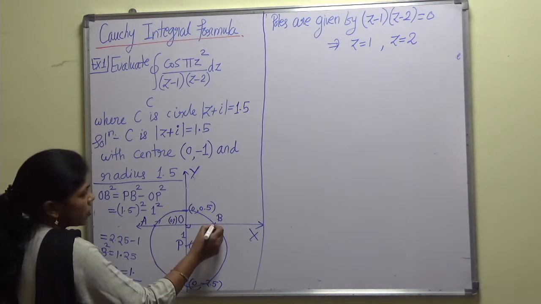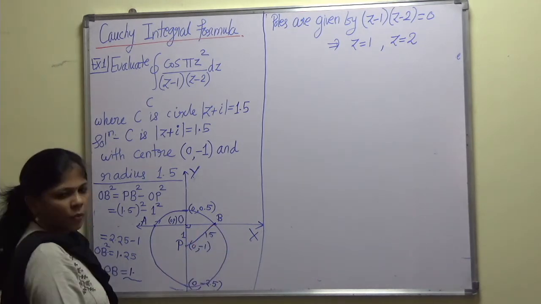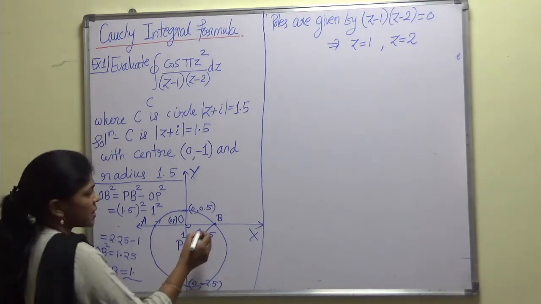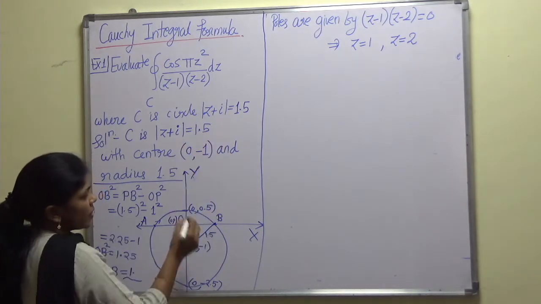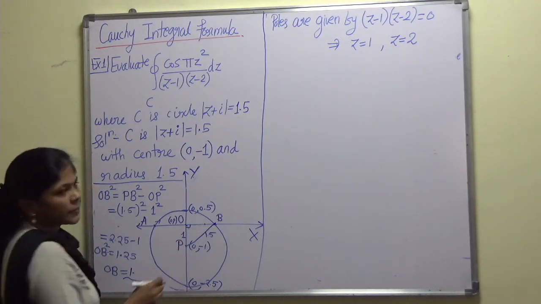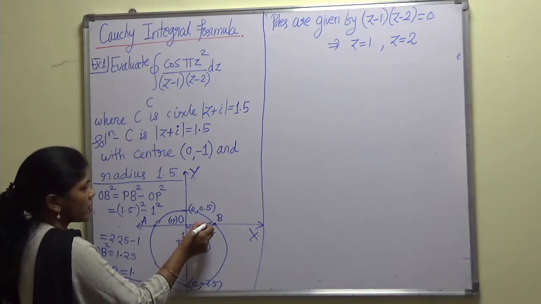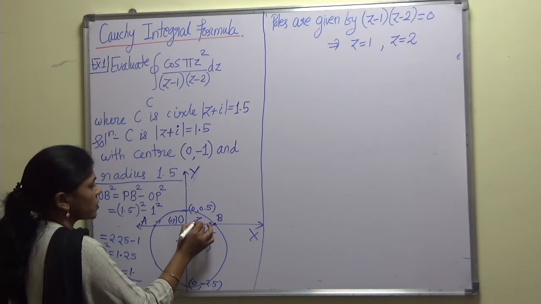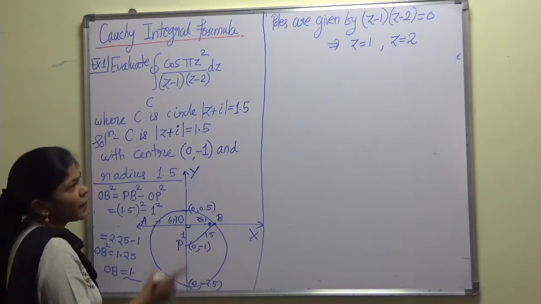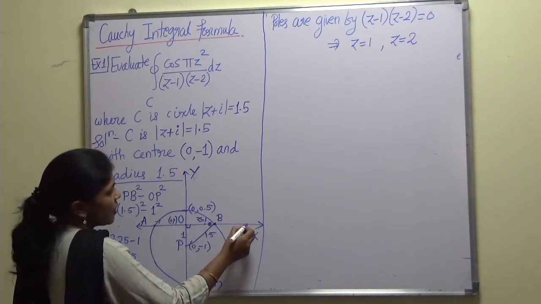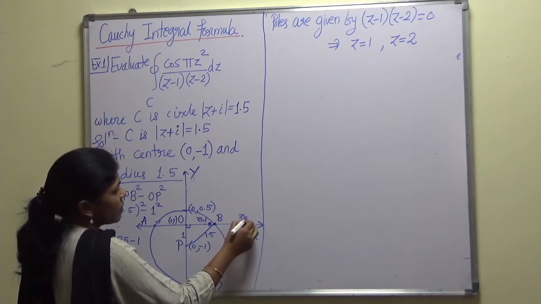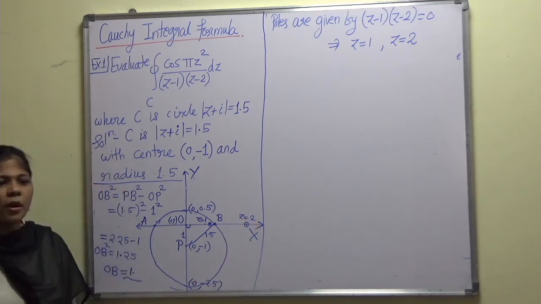So let us plot the pole. As this point is around 1 point something, let us plot the pole z equal to 1. That will be over here, as close to 1 point something. So it will be somewhere over here. This is the pole z equal to 1, and then z equal to 2 is far away from this. So that will be z equal to 2, right? What do we find?